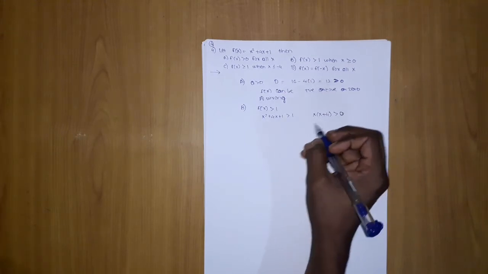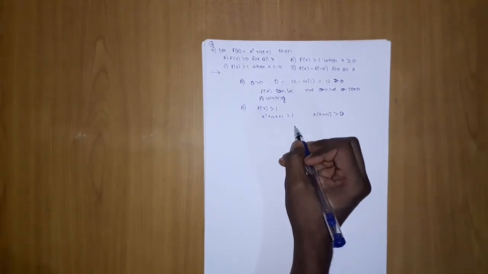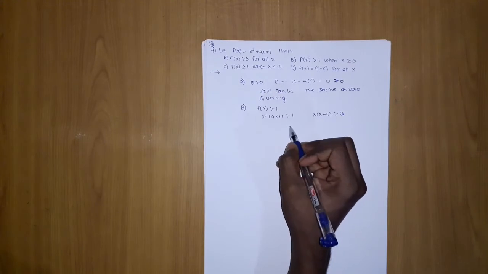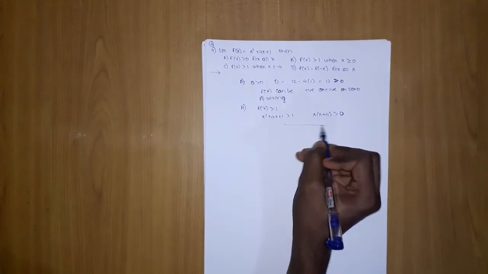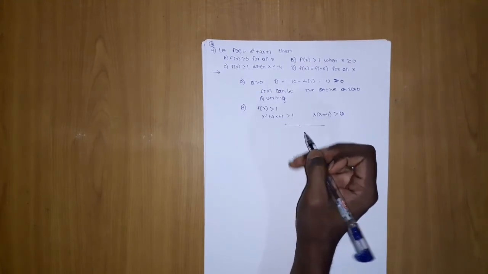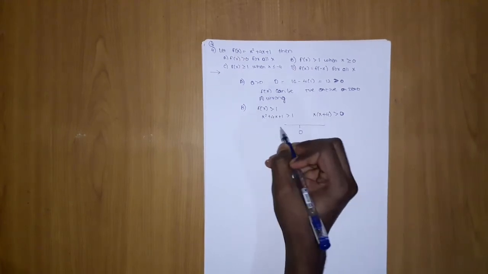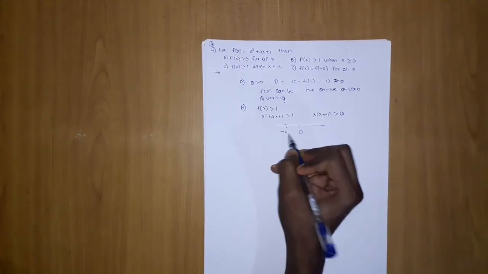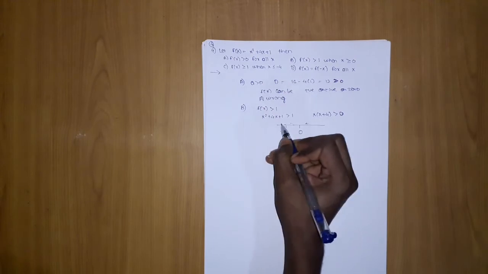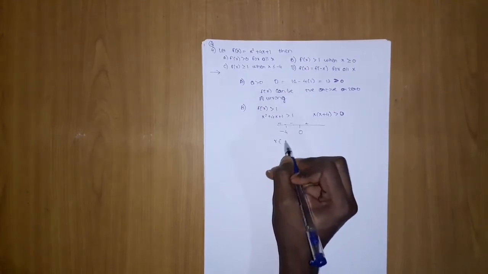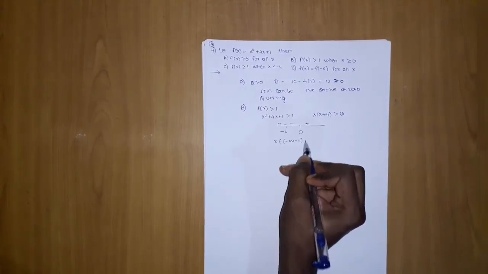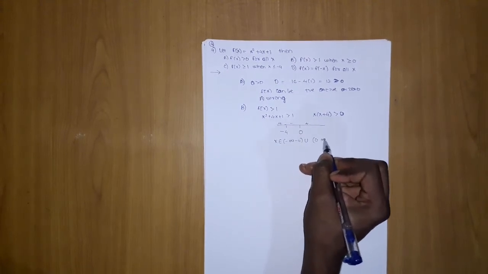And after this, what we get? The roots are 0 and minus 4, positive negative positive, x belongs to minus infinity to minus 4 union 0 to infinity.